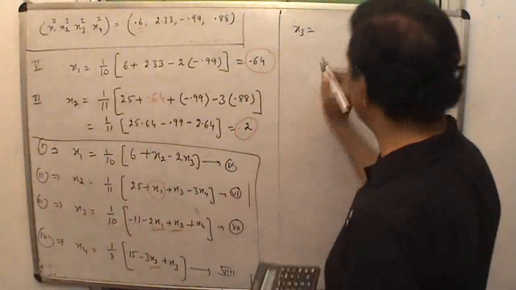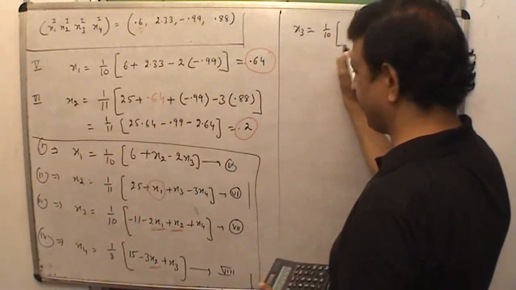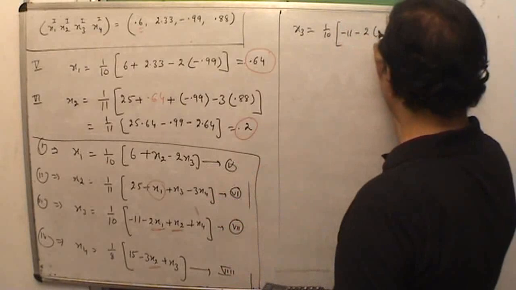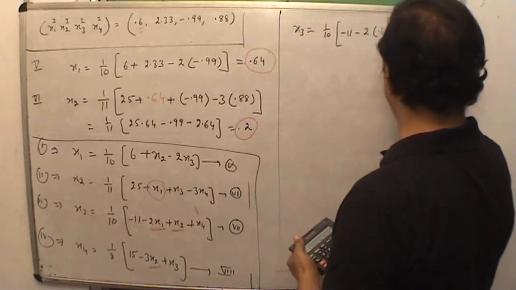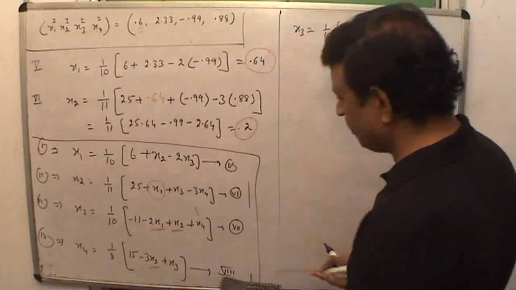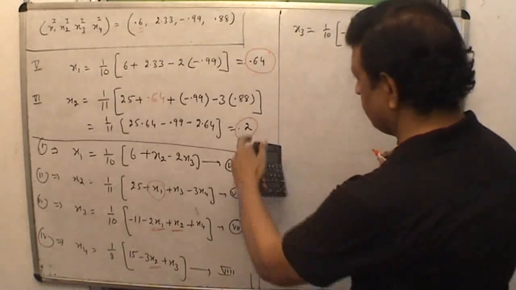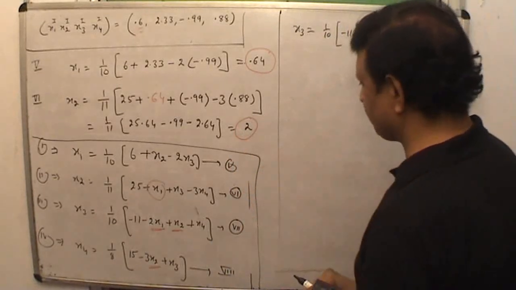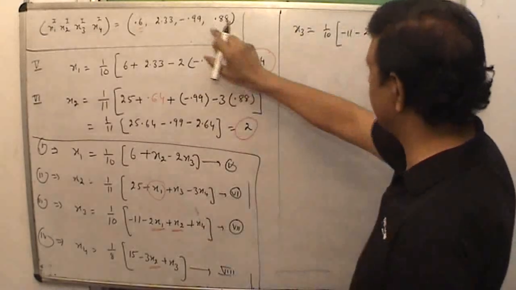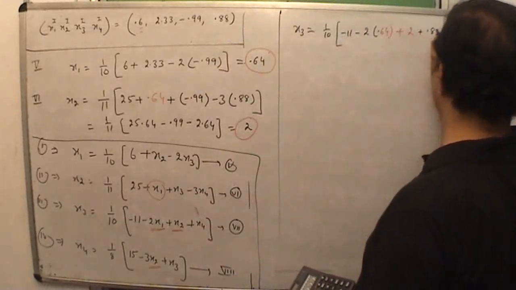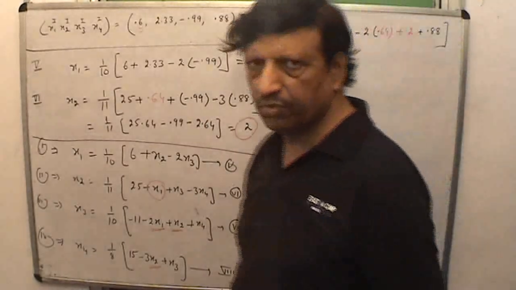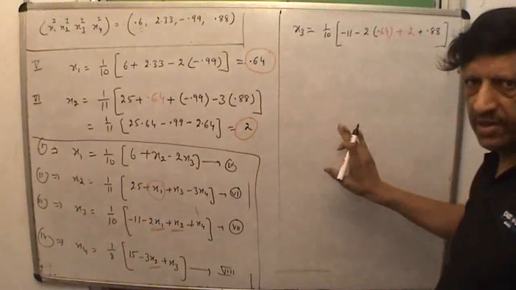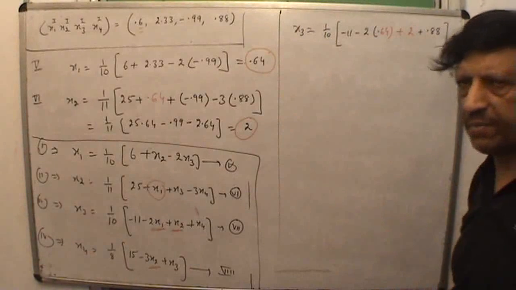Then for x3, again we keep in mind these two new values which we calculated in the same step. For x3, that is equal to 1 by 10 into minus 11 minus 2 times x1, it is 0.64, plus x2, for x2 this is the value 2, plus x4, that is 0.88. It means we are using the new values in the same step which we are calculating simultaneously.